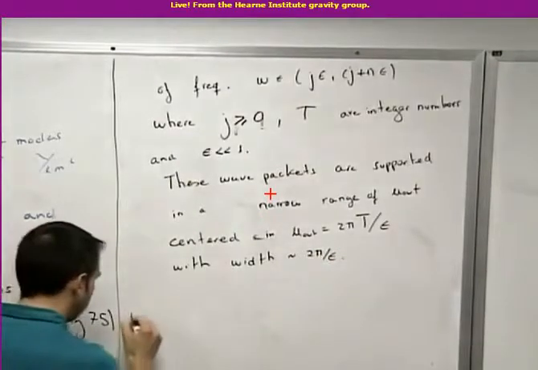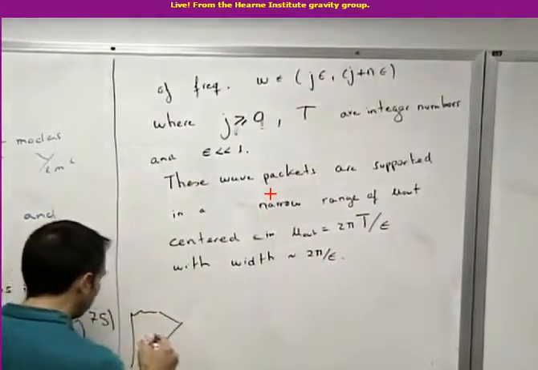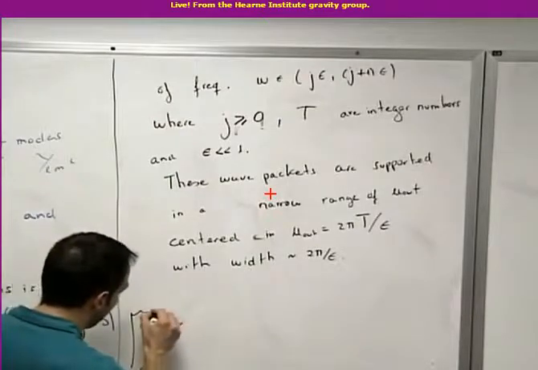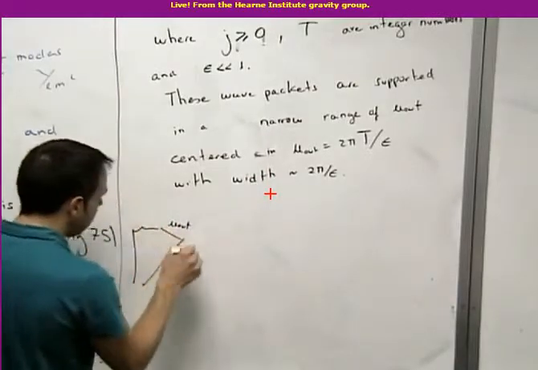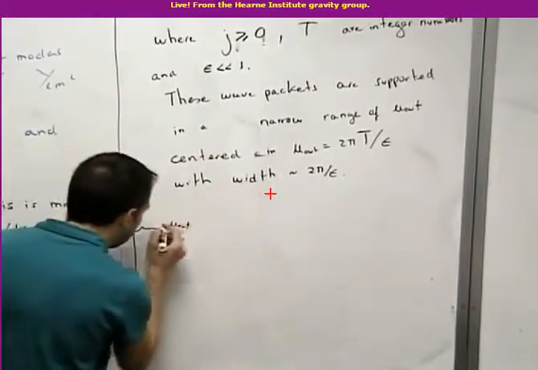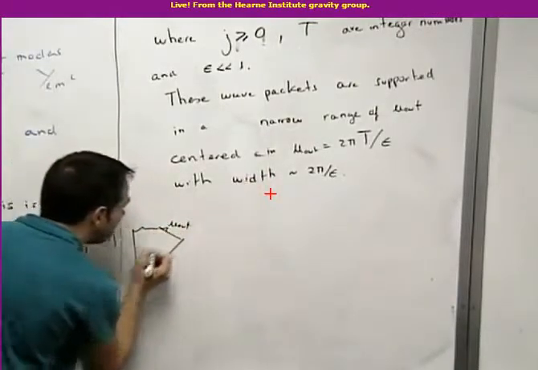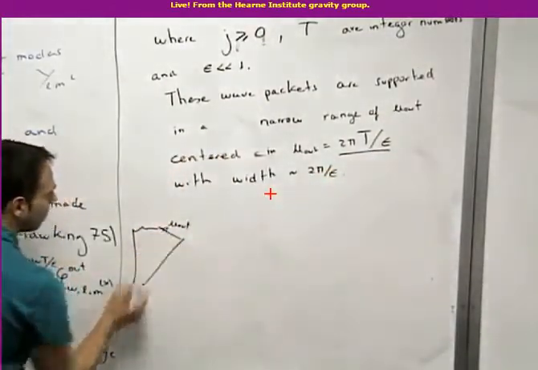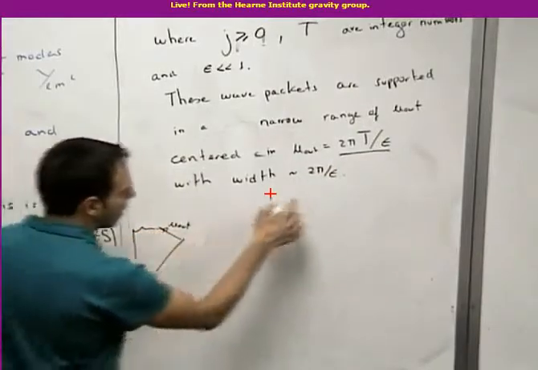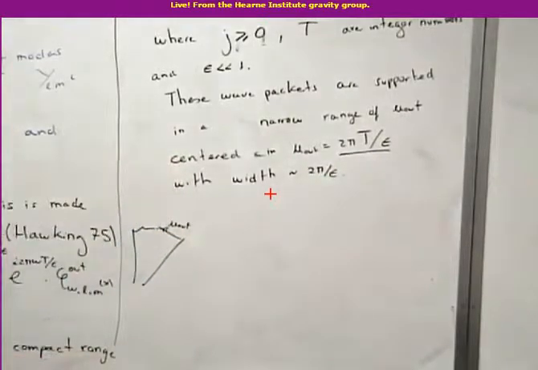Remember that the previous out modes were defined in the whole u out, which runs from minus infinity to plus infinity. They were defined everywhere. These are localized in some region. And this is the value of the center, and the width is inversely proportional to epsilon.